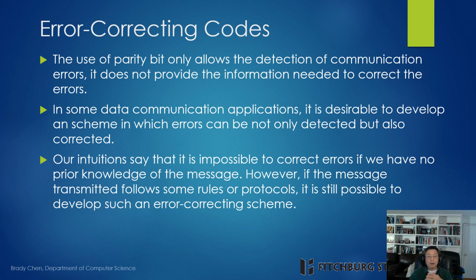Now, let's say the communication time between Earth and Mars is 12 minutes, and there's a transmission error, so the receiving side detects an error. That was the message that was sent 12 minutes ago, and the receiving side sends an acknowledgement and a message saying, your message was wrong, please retransmit.